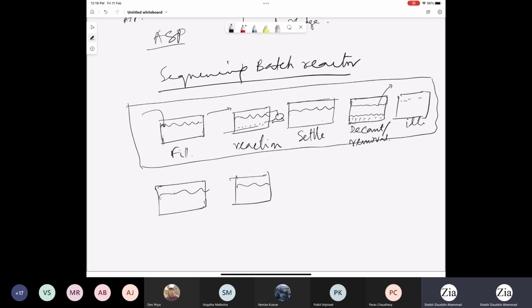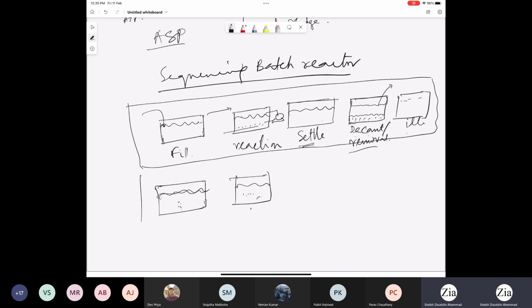Or maybe first you fill the second reactor, and when it goes for the reaction step, at that time you fill this. Whenever the first goes for reaction, the second reactor will follow the third stage, that is the settling stage. When the first reactor follows the settling stage, the second reactor will follow the removal stage. And after the removal stage, it will go to the idle stage, that means preparation for the next batch.